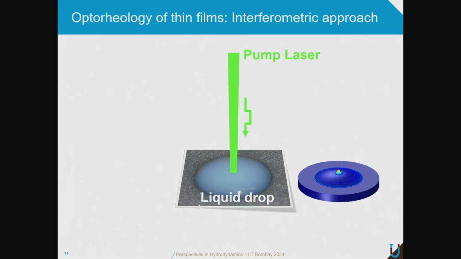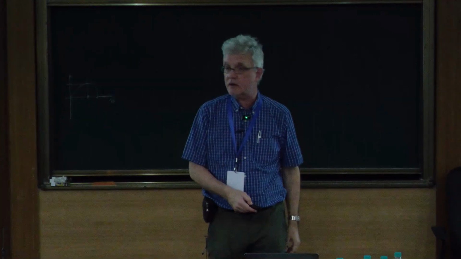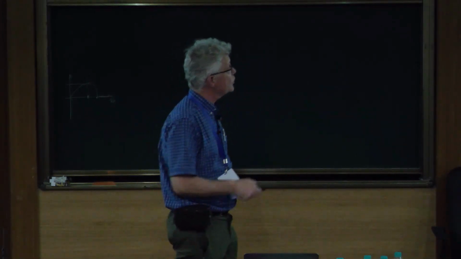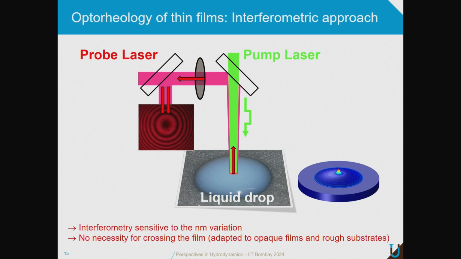We said nanometer resolution. Nanometer resolution means probably interferometry, and this is what we did. We shine a drop with a pump laser in order to deform it, and then we shine a probe laser, and we look at the interferences between some reference, here on a lens, because I may actuate this lens, but it could be the roof here if your liquid is transparent.